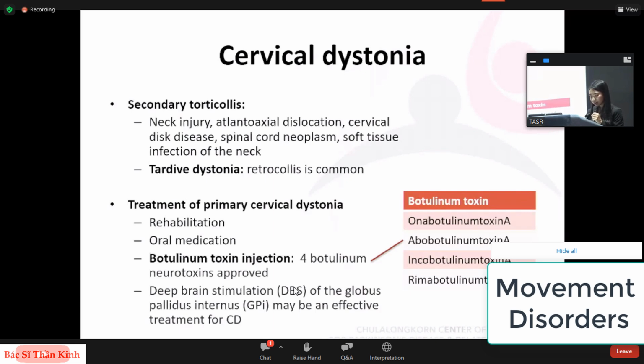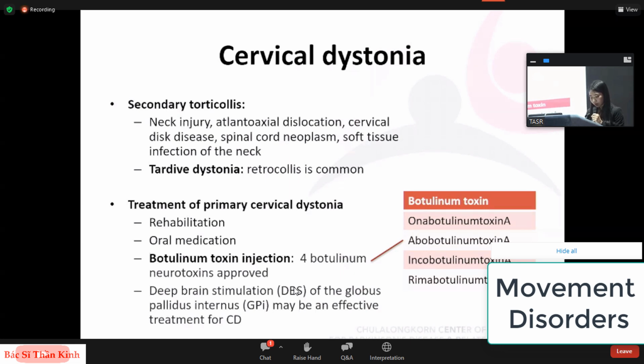The treatment of cervical dystonia can include rehabilitation, that is adaptation techniques and optimizing the sensory tricks, and oral medication, which includes drugs that involve cholinergic, GABAergic, and dopamine systems. These report some benefit, but are limited by side effects.